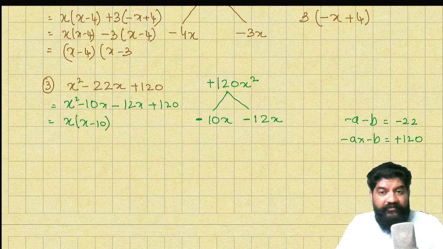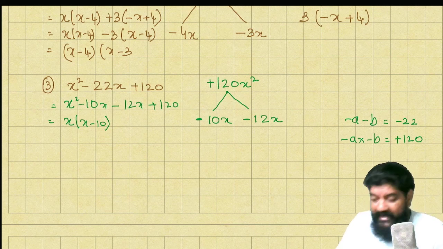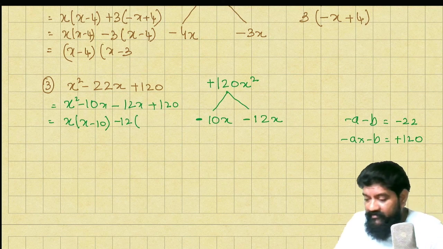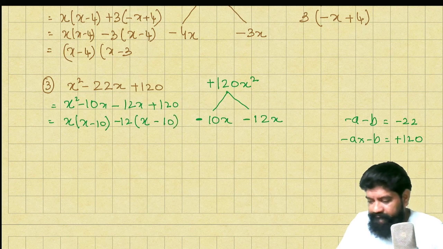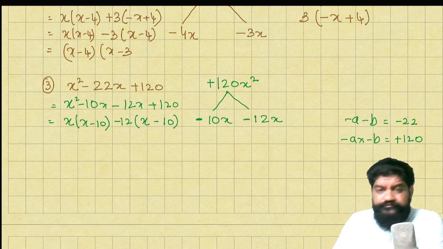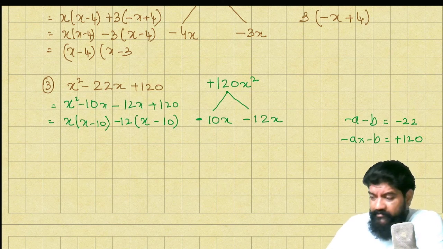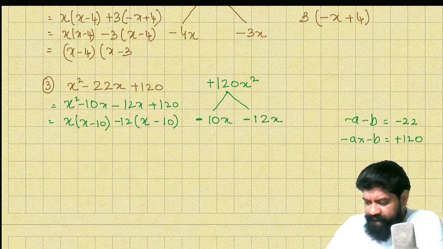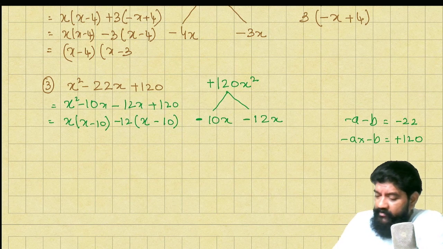Like in the previous case, I'm going to be taking minus 12 common out. If I take a minus 12 common out, then this is going to be x minus 10. If I multiply minus 12 here, then I would get minus 12x plus 120. Therefore, I'm correct.